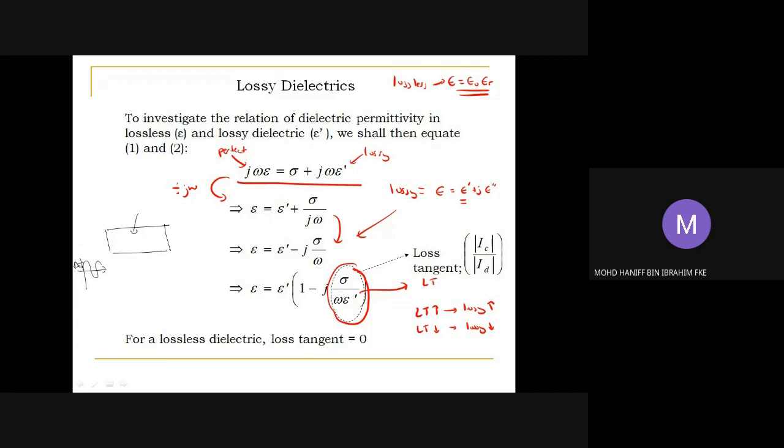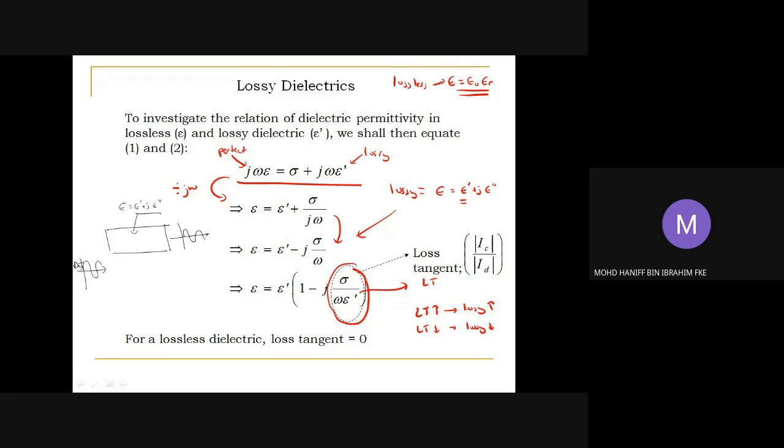If this medium is lossy, in which epsilon equals epsilon prime plus j epsilon double prime, it means that this dielectric is a lossy dielectric. So the output of the wave will have an amplitude which is smaller.